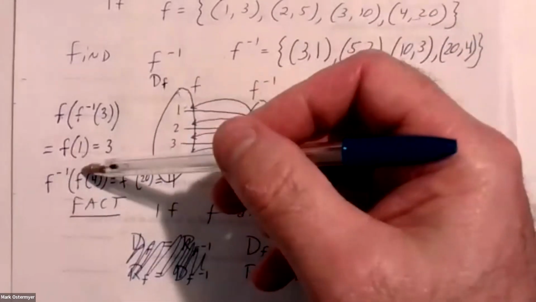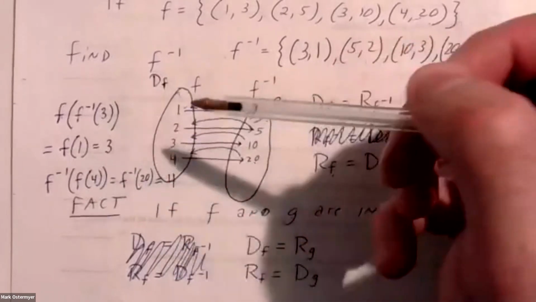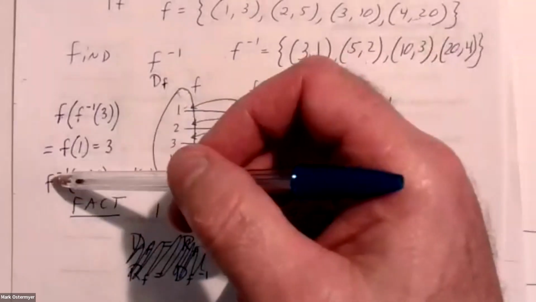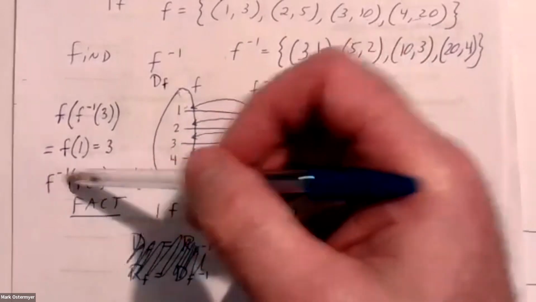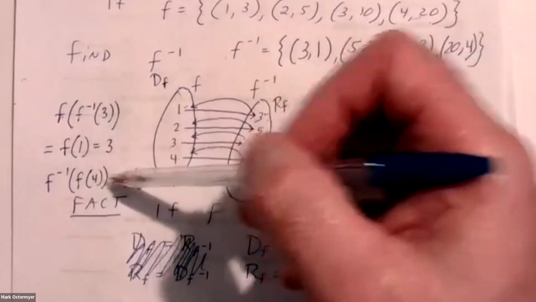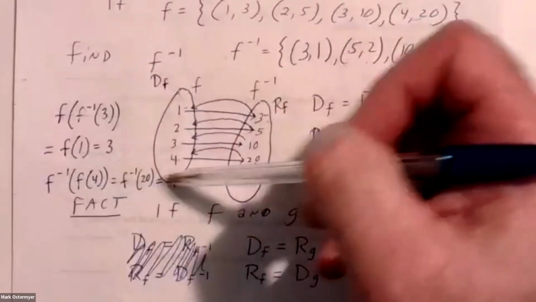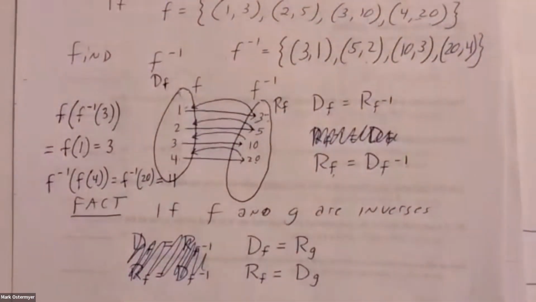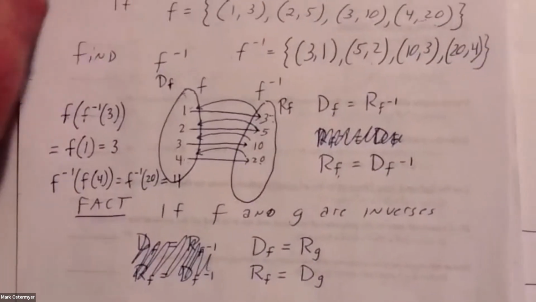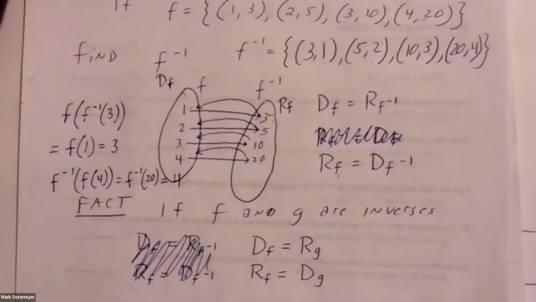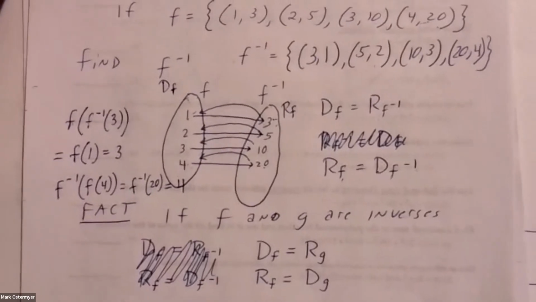Look at that. f inverse of f of 4 is just 4. So in a crude sense, f and its inverse function kind of cancel each other out. It just leaves you with whatever number is the argument. That's pretty interesting to see. But the main idea here is that the domains and ranges of the functions interchange roles between a function and its inverse. That's important to note.